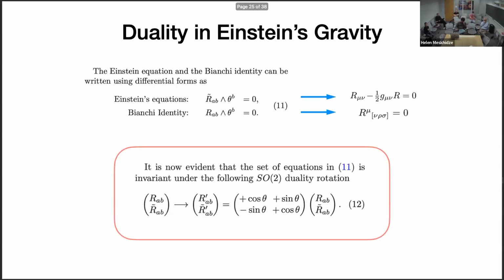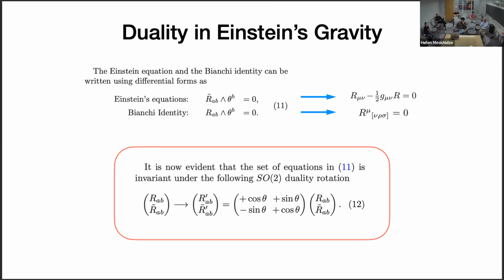And now we can write the Einstein equations and the Bianchi identity in this language, using tangent space formulation and differential forms. So Einstein's equations are given like this: the wedge product of R theta and the basis of one-forms, and the Bianchi identity is given in this form.